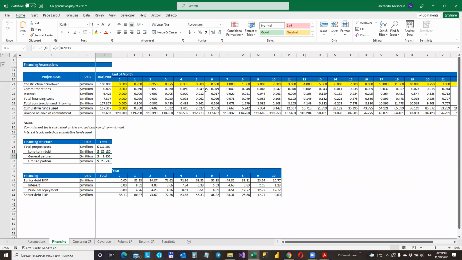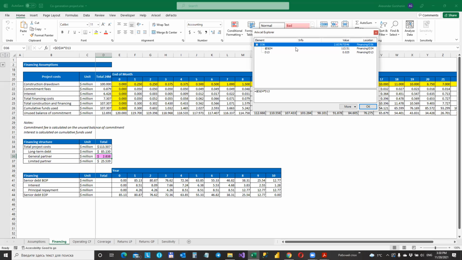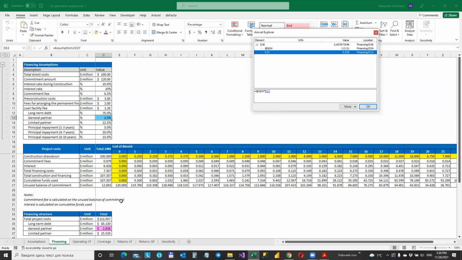You can see the split again of all this financing between the general partner and limited partner. So you can easily check how it was calculated. Starting with the total project cost, then going to the assumption of the general partner share, that is 10% of 25%. So everything is pretty clear.